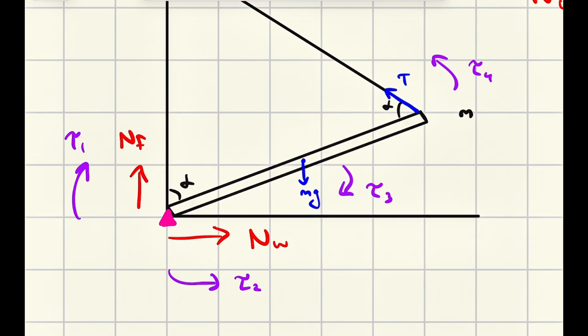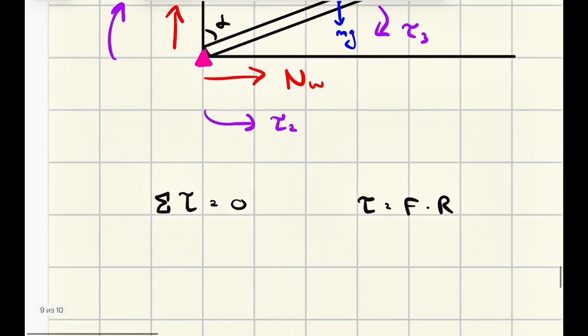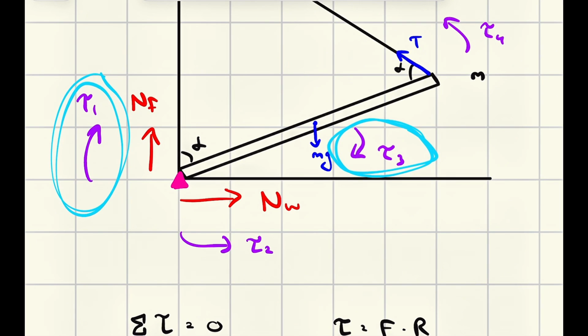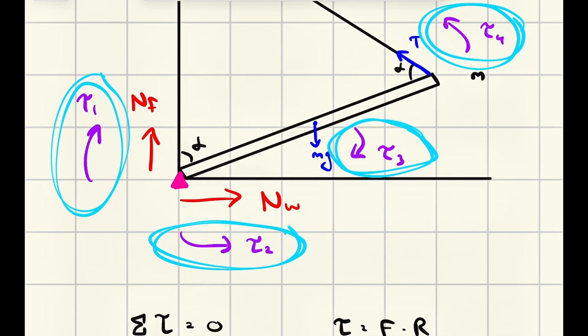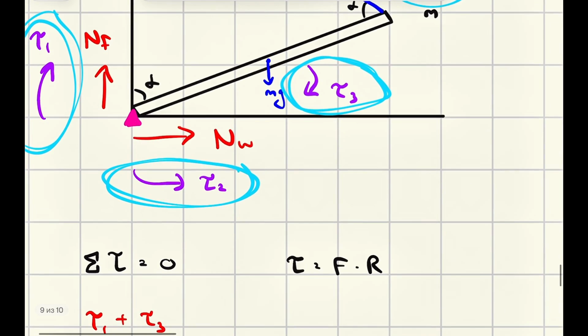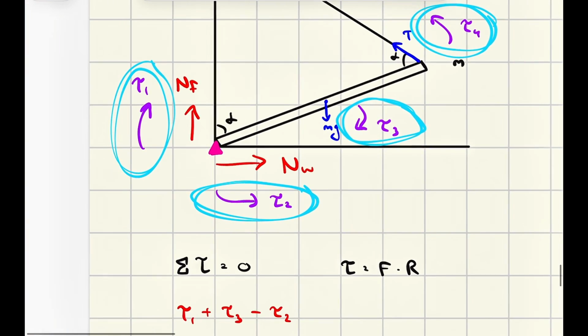Yeah. Okay. And we know the formula of torque, which is F r. Yeah, this is torque equals force multiplied by r. And we know that torque number 1, as you can see, and torque number 3, both of them are trying to rotate this thing clockwise. Torque number 4 and torque number 2 are trying to rotate this thing counterclockwise, which means that, let me write it somewhere here, torque number 1 plus torque number 3, because 3 is trying to help torque 1, but torque 2 is trying to work against torque 1 and torque 3.